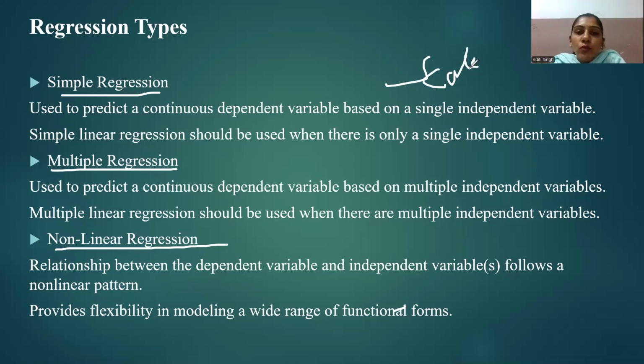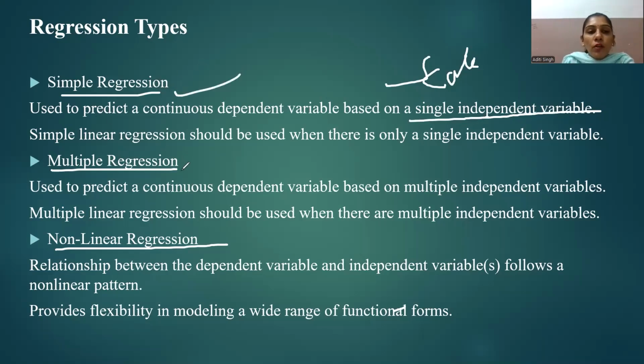So we use it to predict a continuous dependent variable based on a single independent variable. Simple linear regression should be used when there is only a single independent variable.